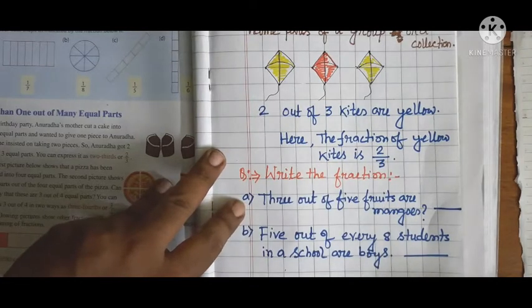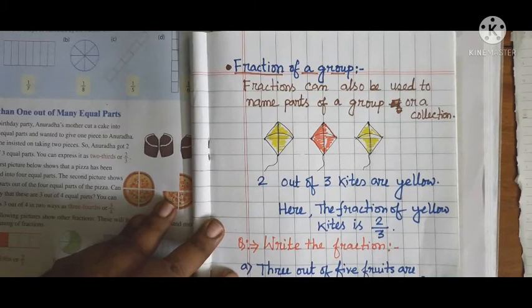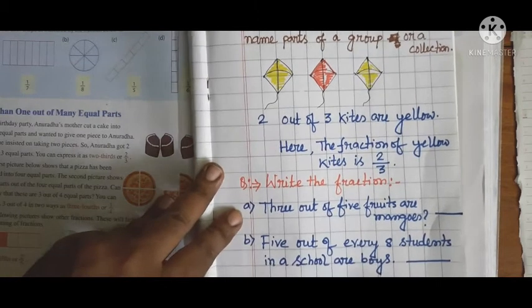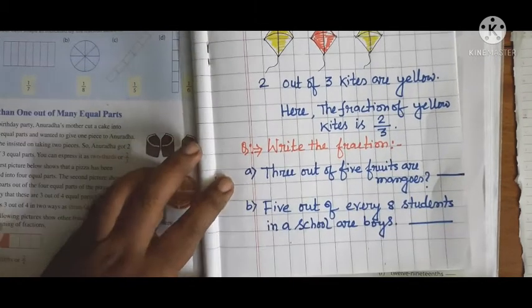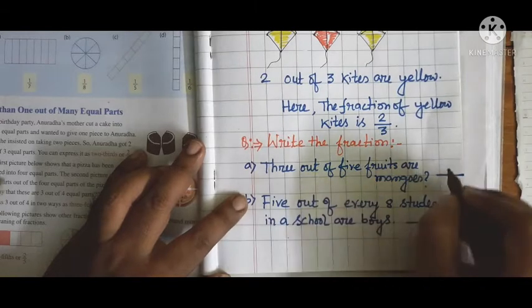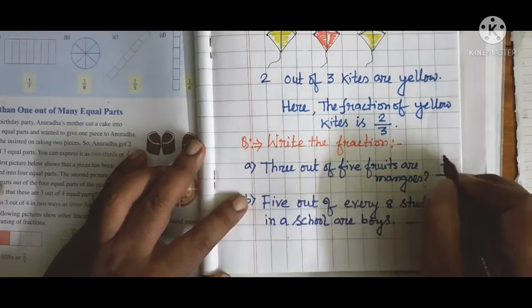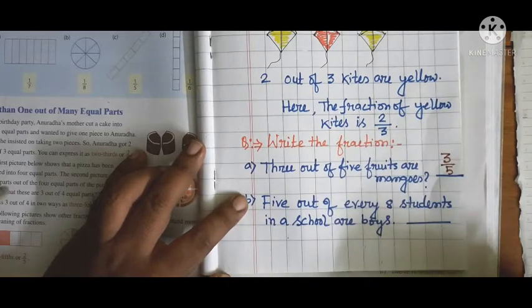Okay, next we can do some problems on fraction of a group. Number 1, 3 out of 5 fruits are mangoes, therefore it will be 3/5.